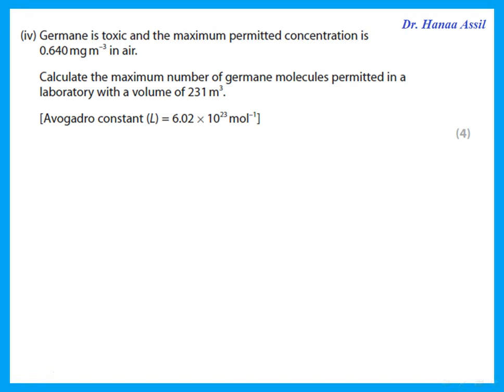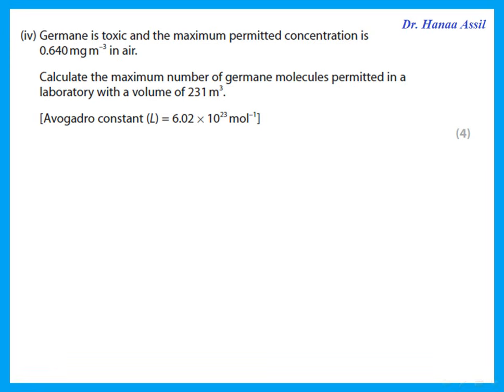Germane is toxic. Maximum permitted concentration is this in air. Calculate the maximum number of germane molecules permitted in a laboratory with a volume of 231 meter cubed. Okay, so what do we have? He's saying the maximum concentration that I can have is 0.64 milligrams per meter cubed.